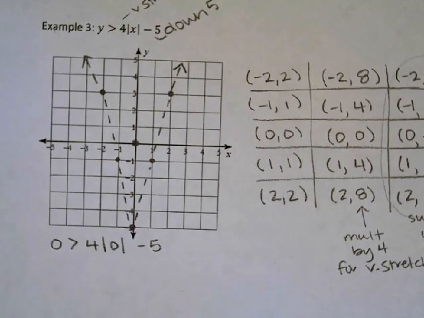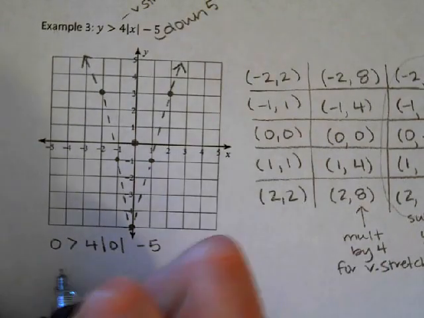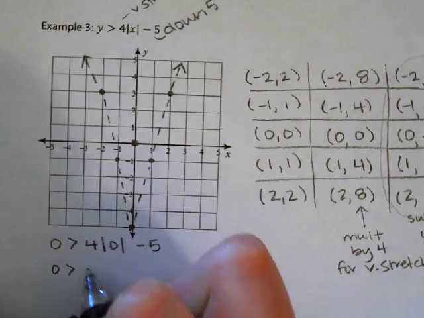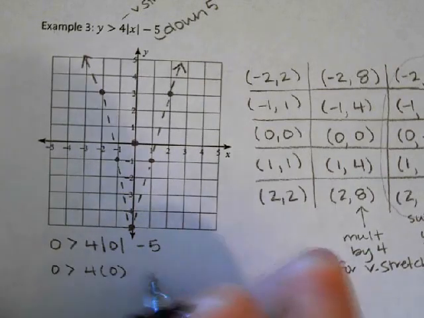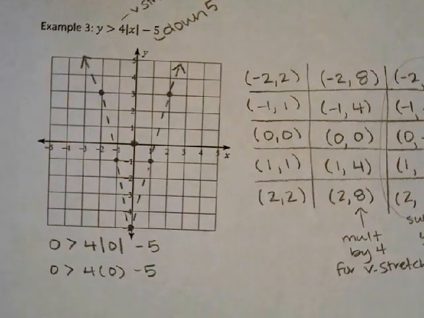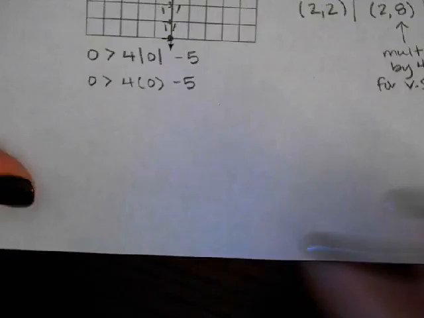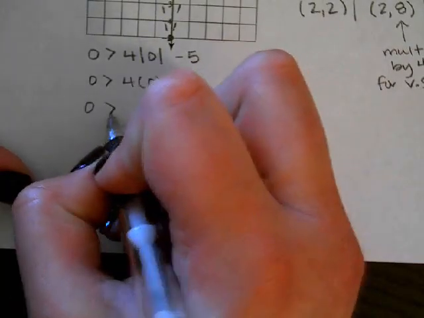Okay, 0 doesn't have a negative sign, so it didn't remove anything. So I'm just going to take this problem and rewrite it with a parenthesis there, because there was no negative sign to get rid of. So it's just 4 times 0. So what is 4 times 0? 0, okay. So we have 0 is greater than 0 minus 5, which is just negative 5.